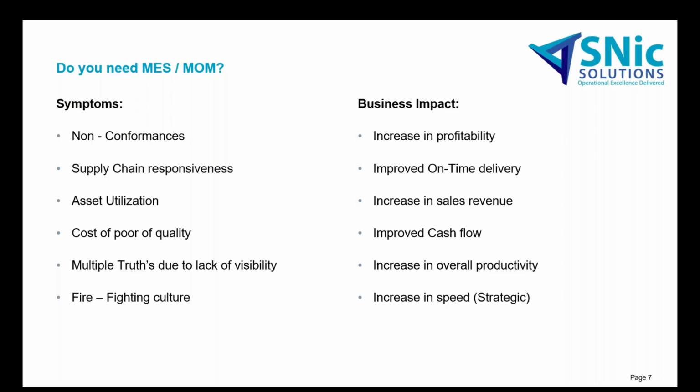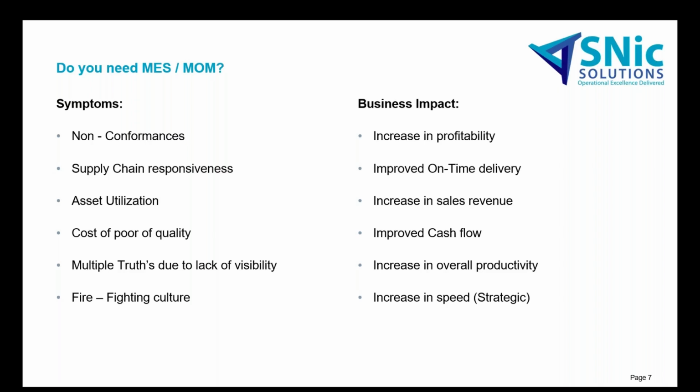Asset utilization has been one of the symptoms where companies make a lot of capital investments, thinking that there would be demand, but when demand is varying and fluctuating, companies are focusing more on asset utilization before they open an entirely new plant or invest in new machines.